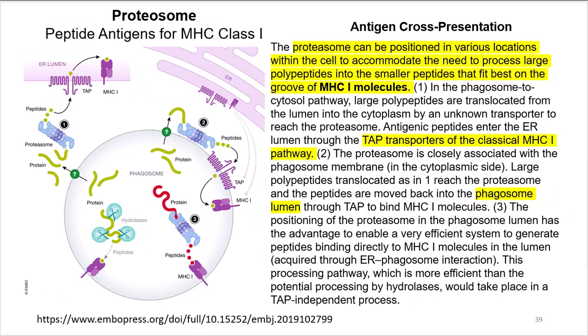So here on the upper left, we see the classic route where the peptides that are processed by the proteasome go through the regular route through the endoplasmic reticulum. Here's the endoplasmic reticulum, and the peptides come out, get trapped, and loaded onto the MHC1, which will then make its way through the Golgi to the surface.